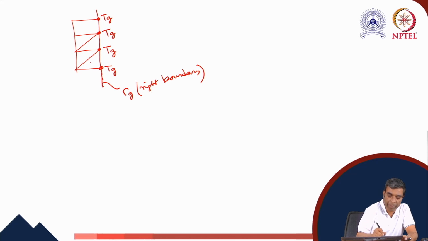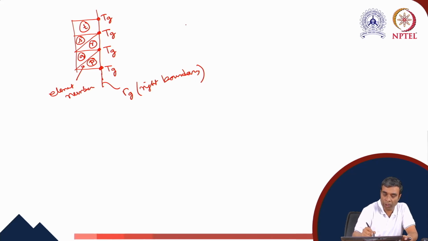So this is element number P, element Q, element R, element S, and element T. So these are element numbers.